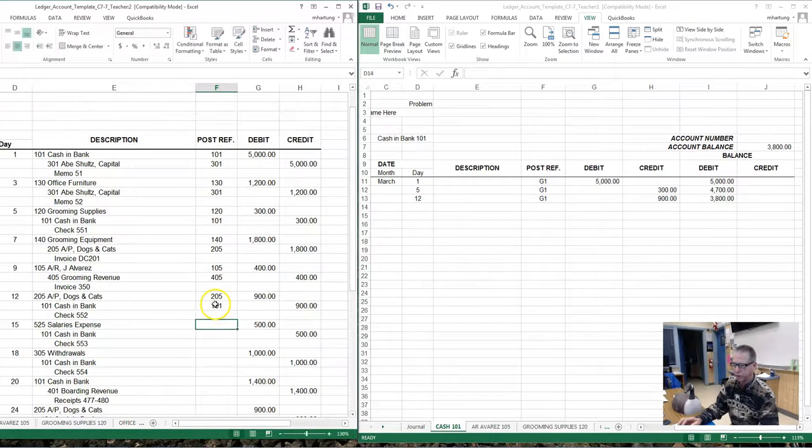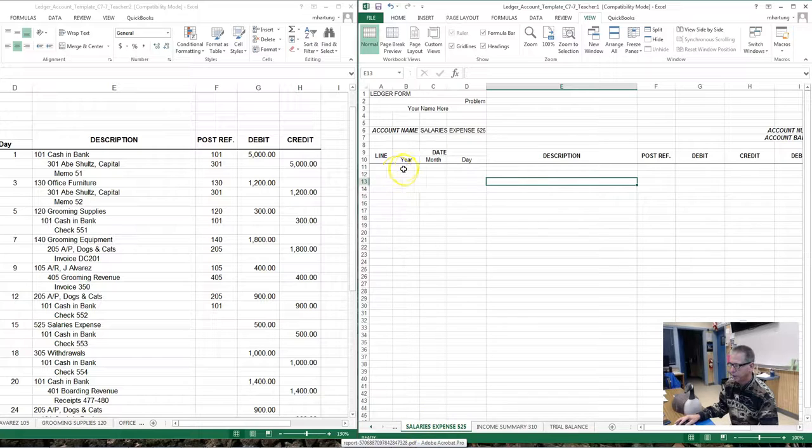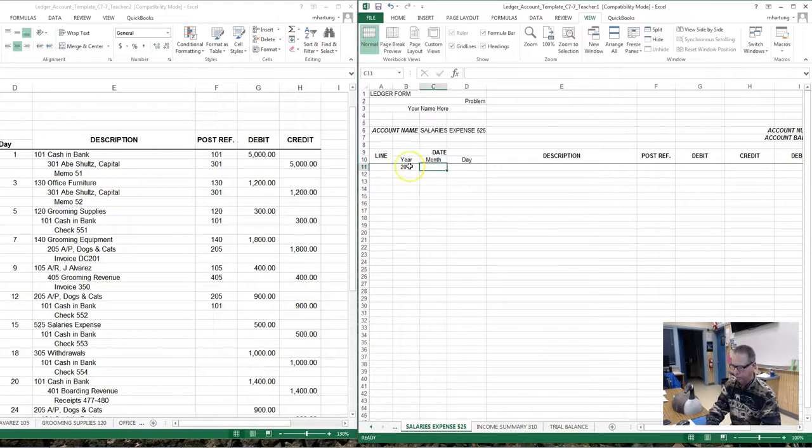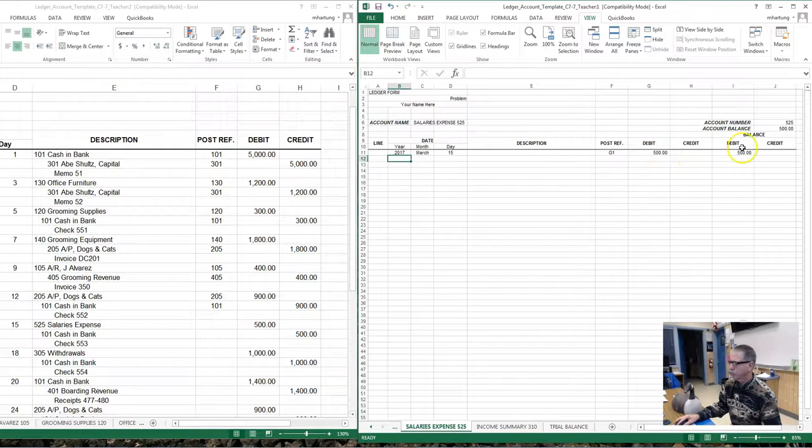Account 101. Next, on the 15th, we have an expense. Increase to expense is a debit. Account 525.